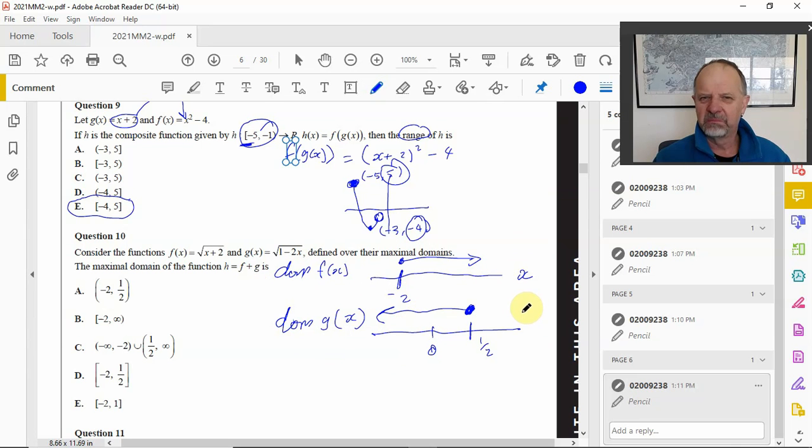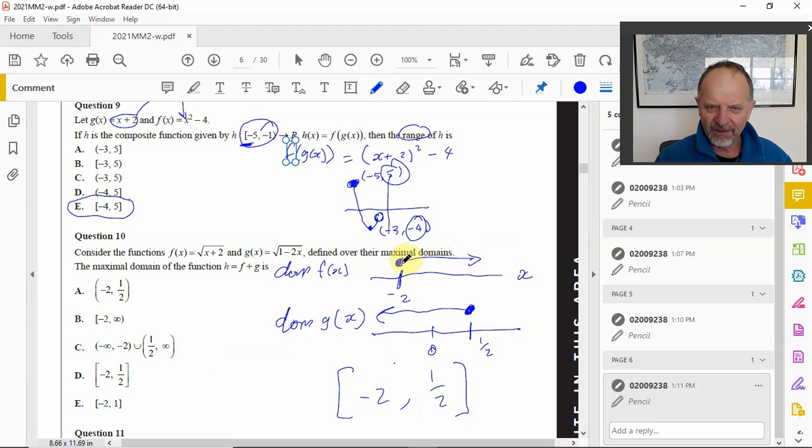So f plus g is not going to exist up here. Similar down here, but for the opposite reason, g exists, but f doesn't. So it's only between -2 and a half. And both of those are included. And so that is what we are looking at.